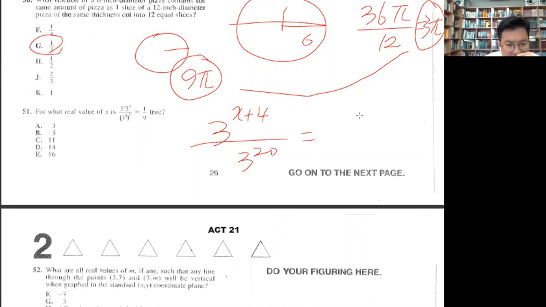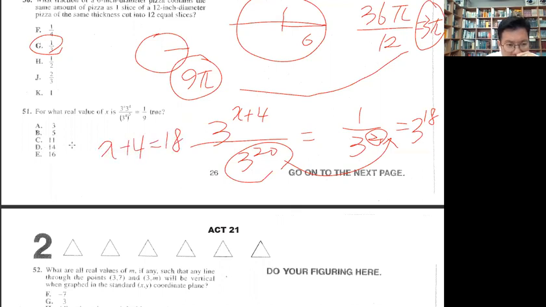And then 1/9 is also like this. So you cross multiply, you multiply this one to the other side. Then this one becomes 3/18 because we have to subtract 2. Then x plus 4 is 18. X is 14. D.